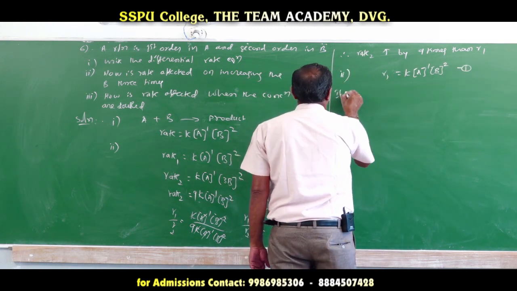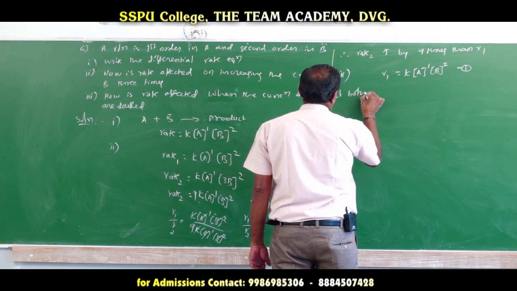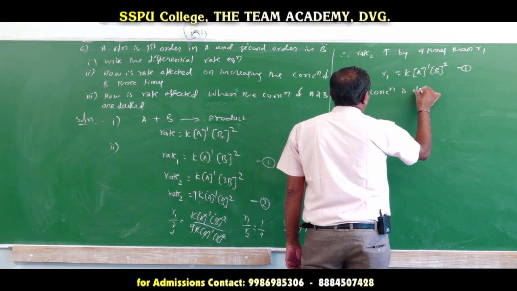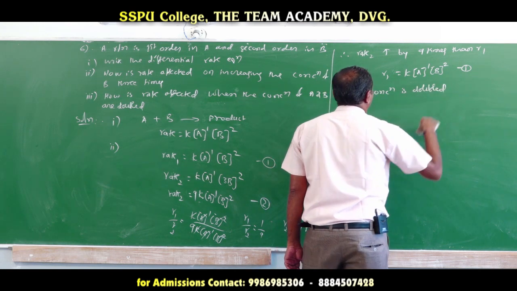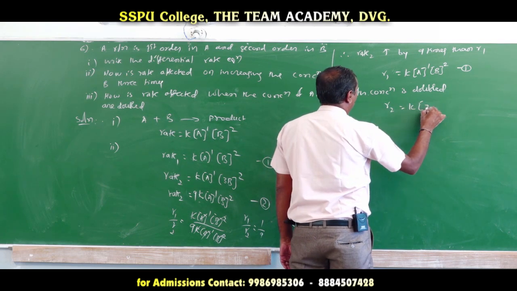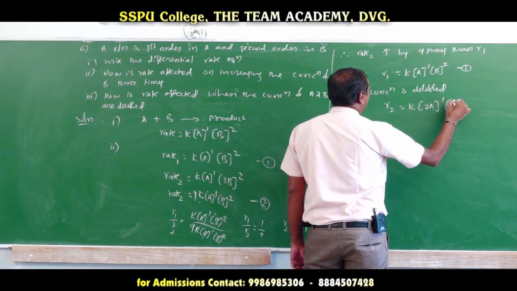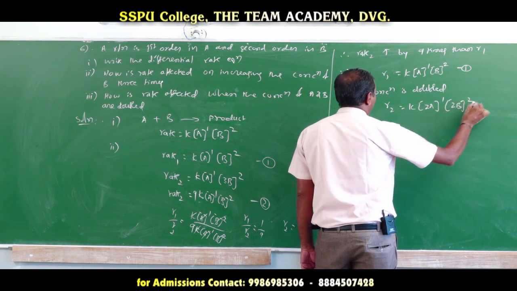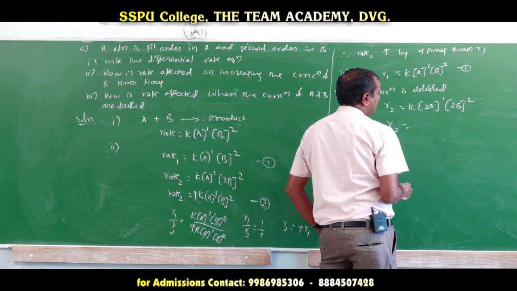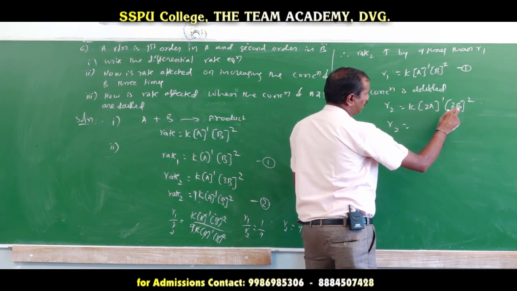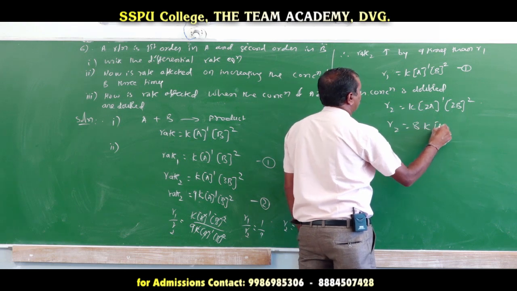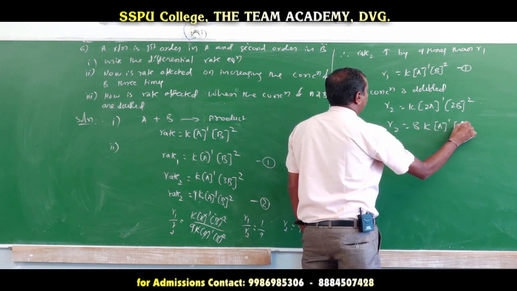If both are doubled, rate 2 equals K into 2A to the power 1, 2B to the power 2. 2A to the power 1 is nothing but 2. 2 to the power of 2 is nothing but 4. 4 into 2 is 8. 8 into K into A to the power 1, B to the power of 2.